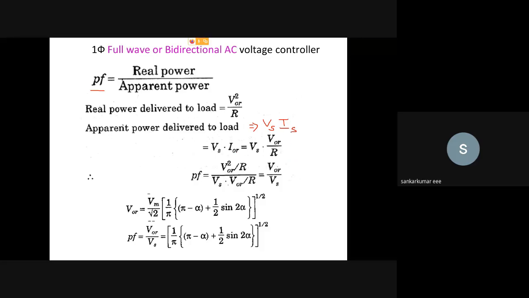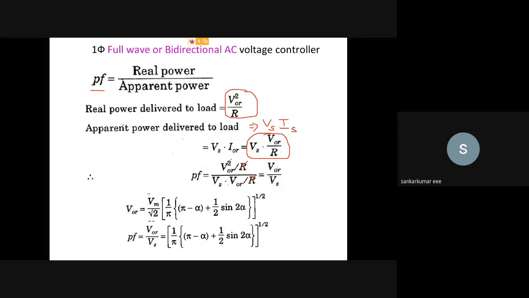Since I naught R and Is will be the same, it is Vs into I naught R, and I naught R is the RMS output current. In the previous slide, I derived that expression, that is I naught R is equal to V naught R divided by R, and we can substitute both these equations in the power factor, that is real power divided by apparent power, that is V naught R square divided by R divided by Vs into V naught R by R. So here the resistance R will get cancelled.